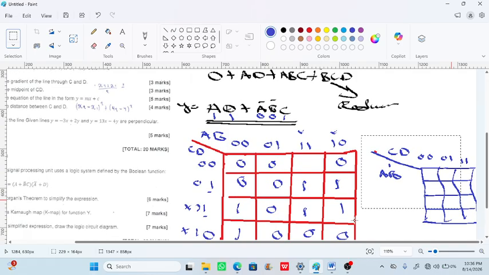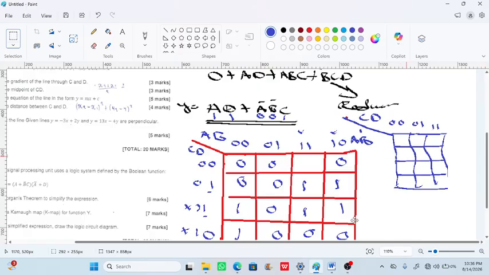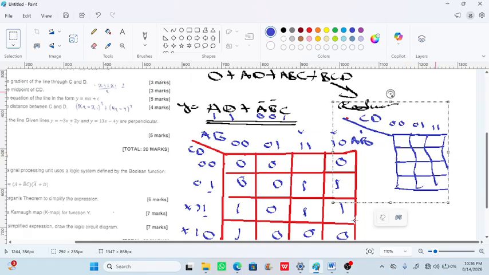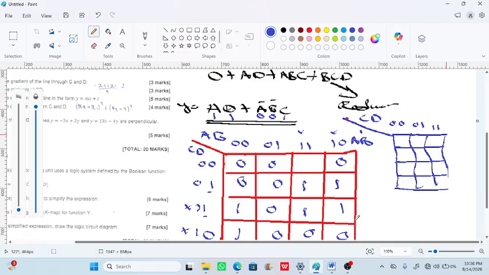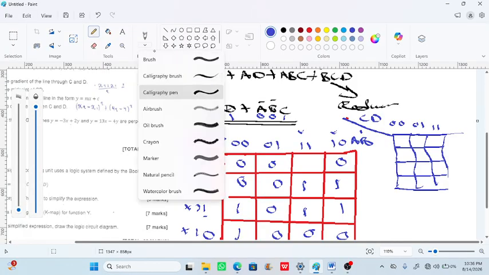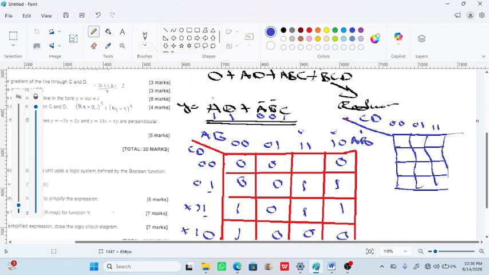Let me get this and move it here, and try to move it there. So we are going to have another box there.